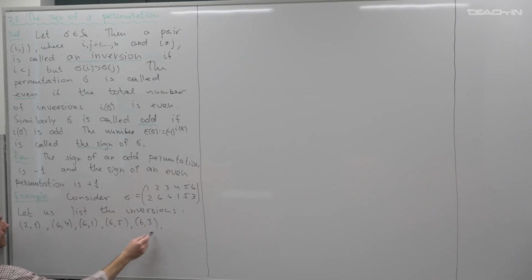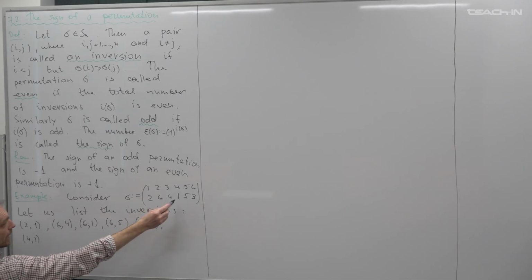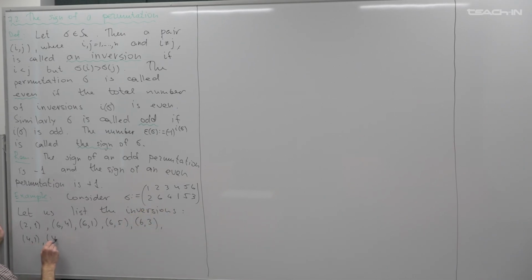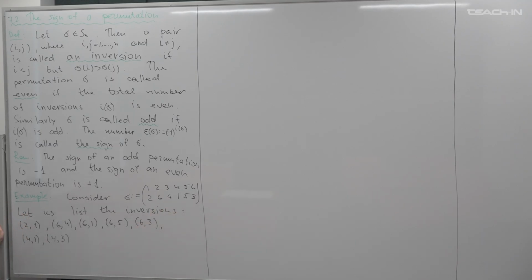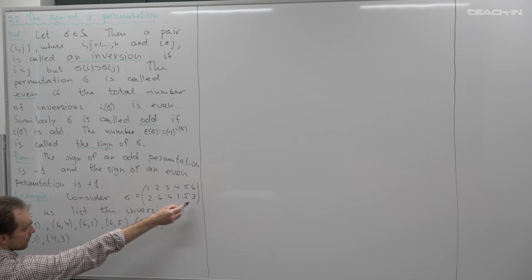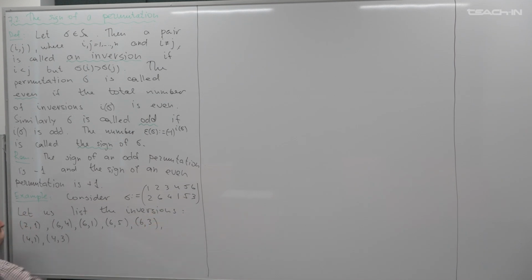Then 4. 4 is an inversion with 1 right here, and 4 is an inversion with 3, just because 4 is to the left of 3. And there are no inversions with 1 here, just because 5 and 3 are greater than 1, and then 5 and 3 is an inversion.